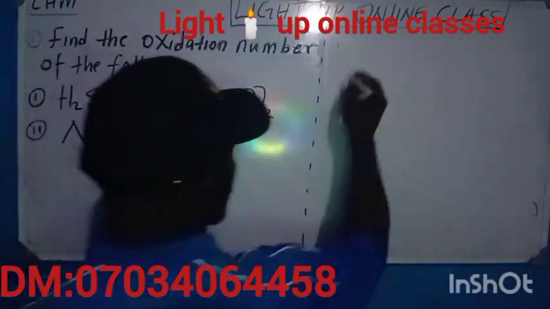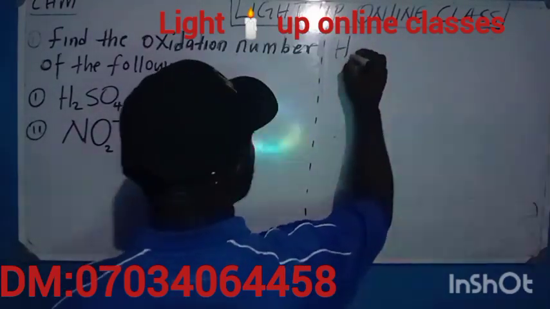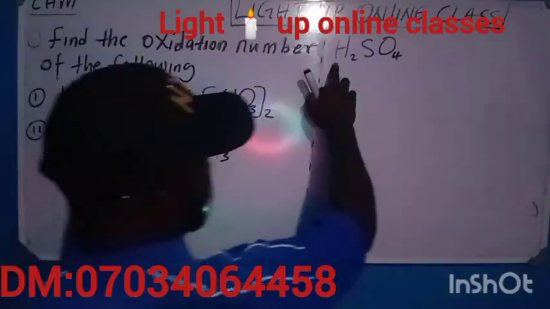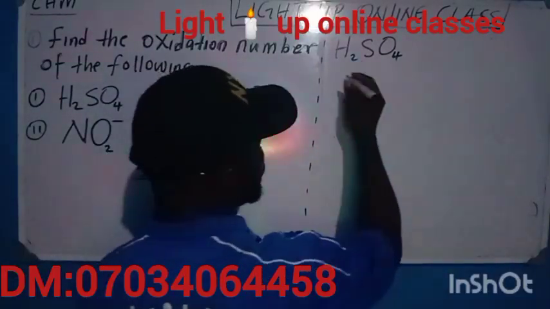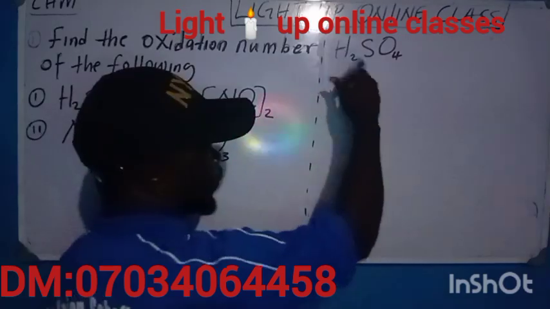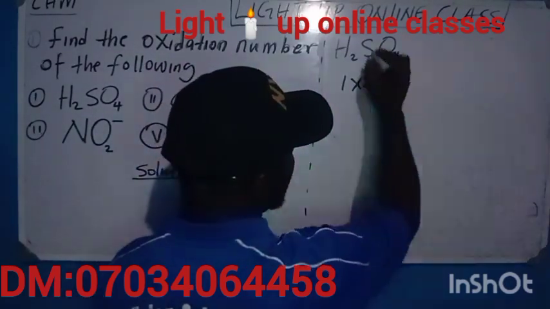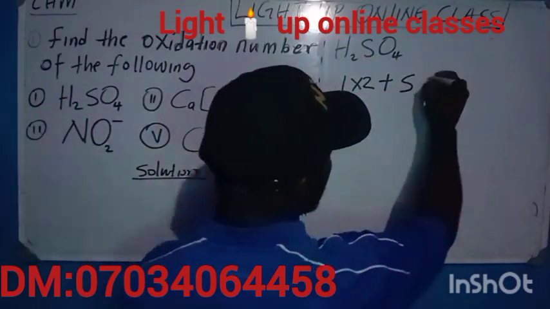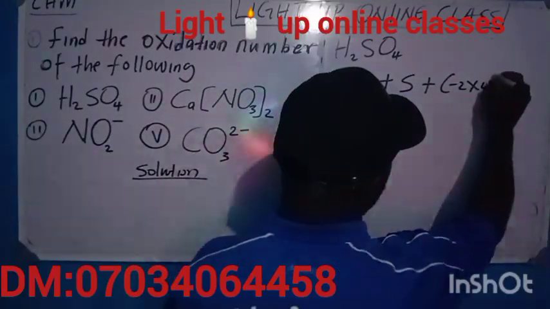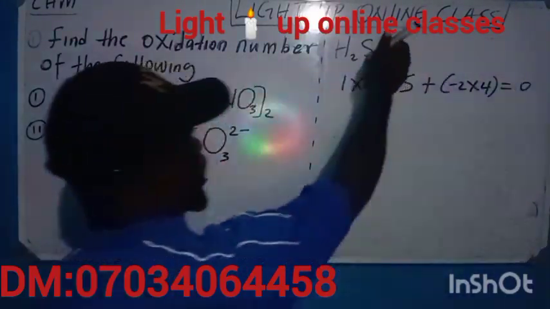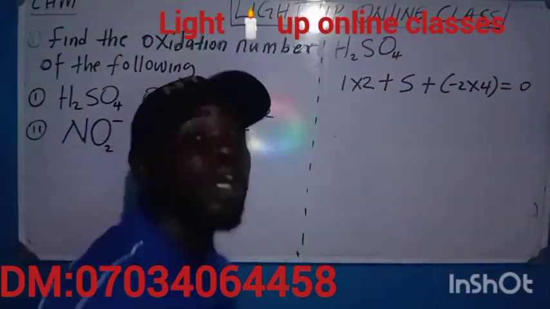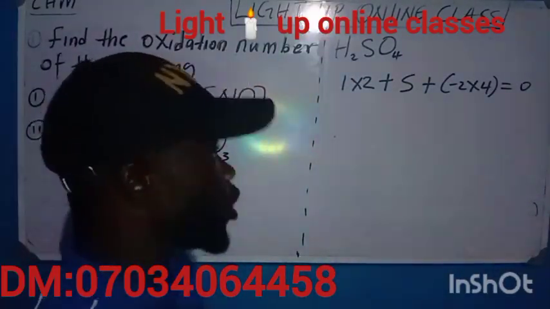Like for this, H2SO4. Now the oxidation number of hydrogen is +1, but there are 2 atoms of hydrogen, multiplied by 2, plus sulfur. We don't know sulfur. Plus oxygen, that is minus 2 times 4, will be equal to 0. It's a neutral compound, that means we sum up the oxidation numbers and it will give us 0.